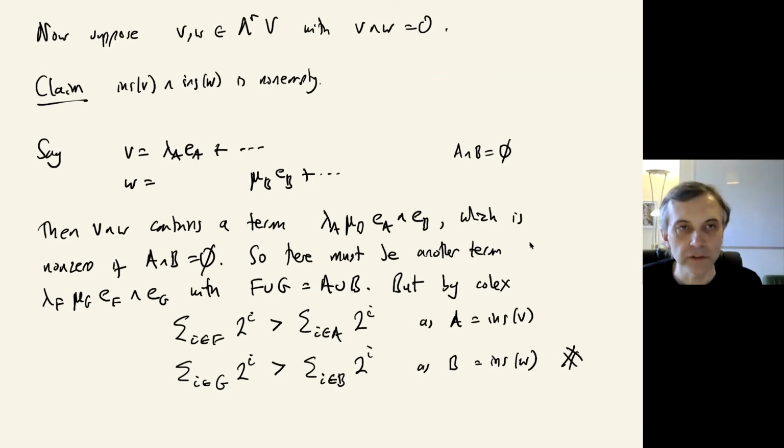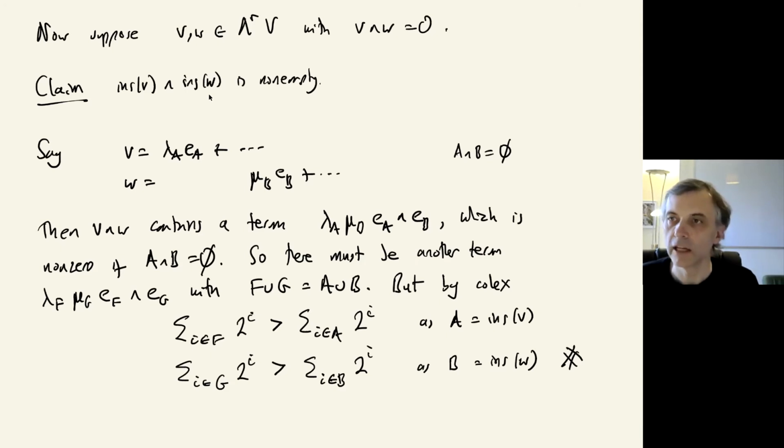Okay, second useful thing. If we have v and w, two elements in the rth exterior power, and these may not be nice decomposable elements, so they've got arbitrarily nasty things, but suppose they have wedge product 0. I claim that the initial set of v and the initial set of w have non-empty intersection.